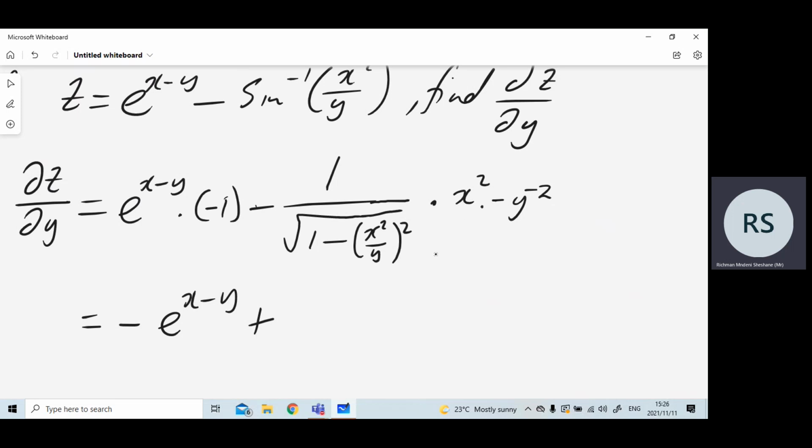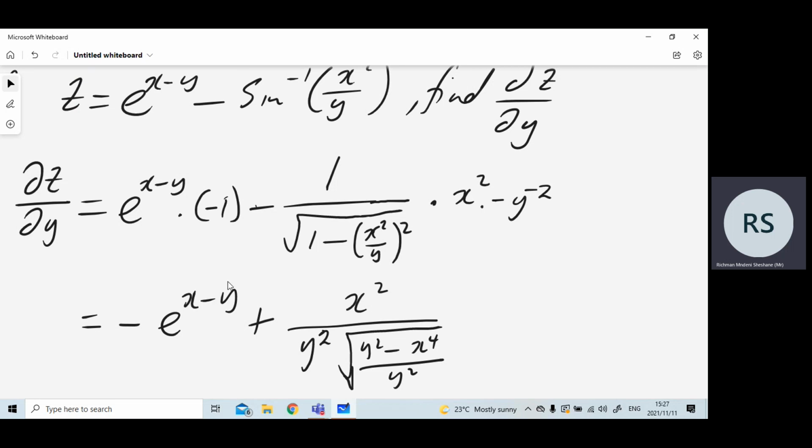And here in the numerator, we have x squared over a denominator. This is going to the denominator, but y squared there. So let's start by writing y squared here. And then here we have square root of x to the power 4 over y squared. So this would be y squared minus x to the power 4 over y squared there. Also this y squared is under the square root.